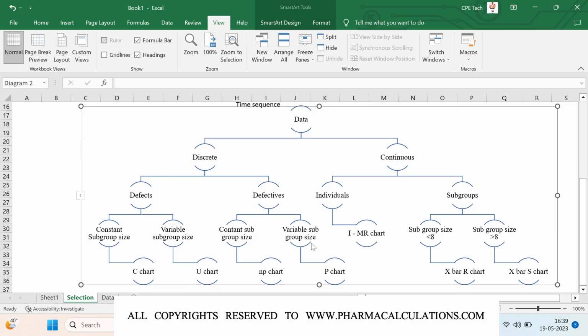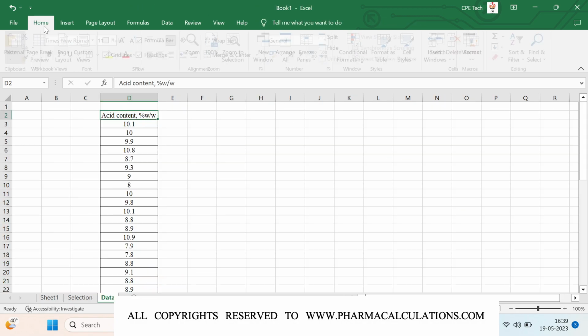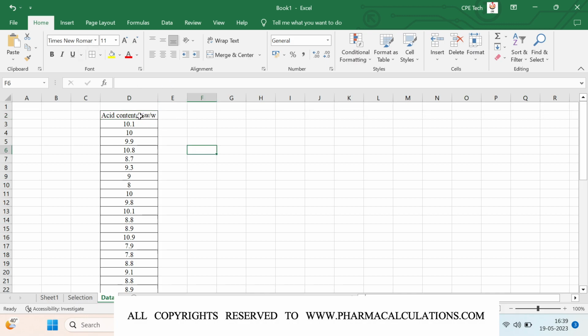And now I'll take an example and explain how to plot a control chart in Minitab. The data that I have collected is related to the pharmaceutical industry, and here I have selected the data of acid content. In pharmaceutical manufacturing, you will have different types of acids and bases.